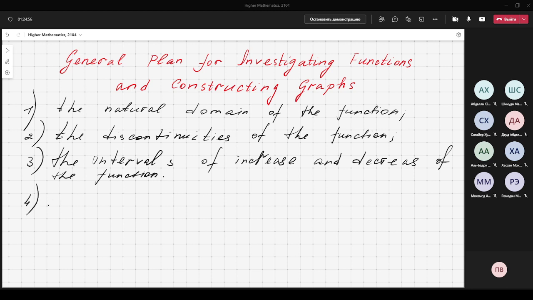The fourth, the maximum point and the minimum point, and also the maximal and minimal values of the function.